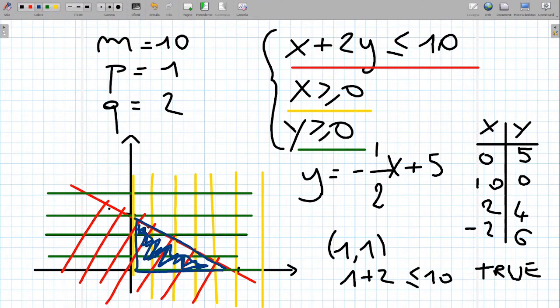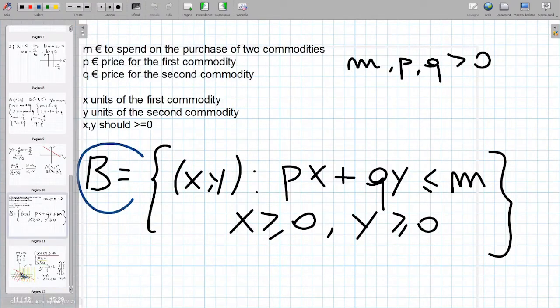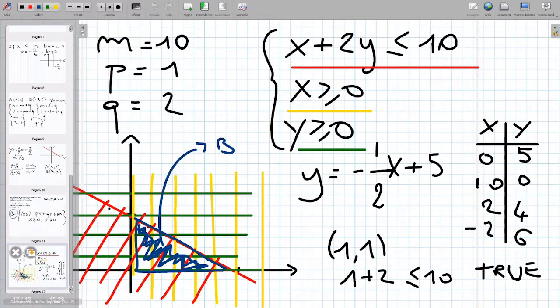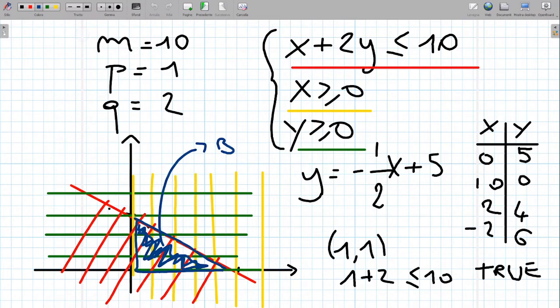This is our set B, the request of the problem. This is our B. The so-called B here is exactly the area that we have found by looking at the region with the 3 overlapped lines. Okay?